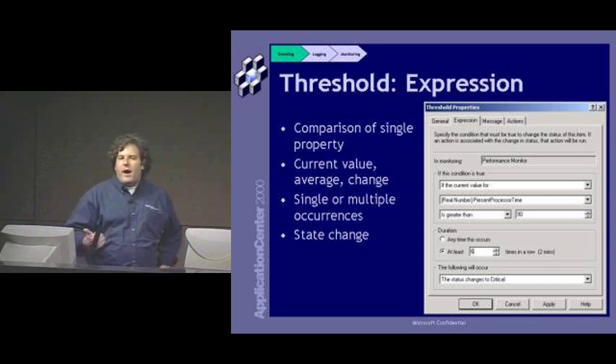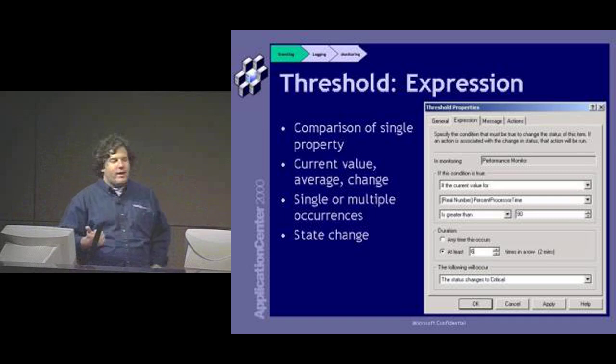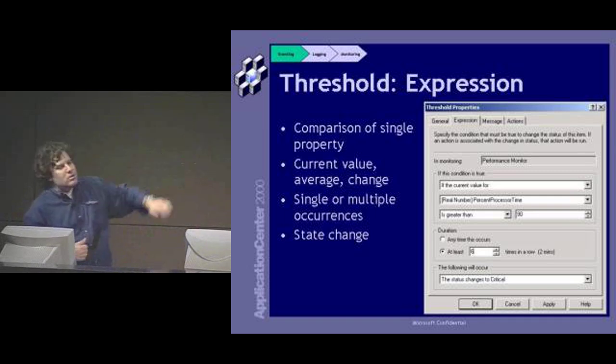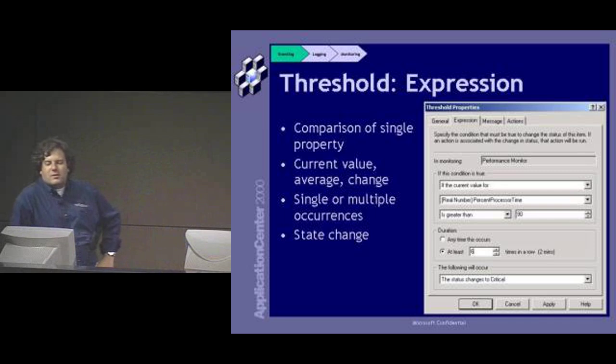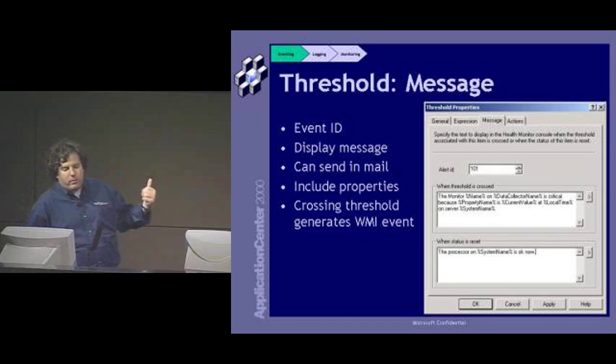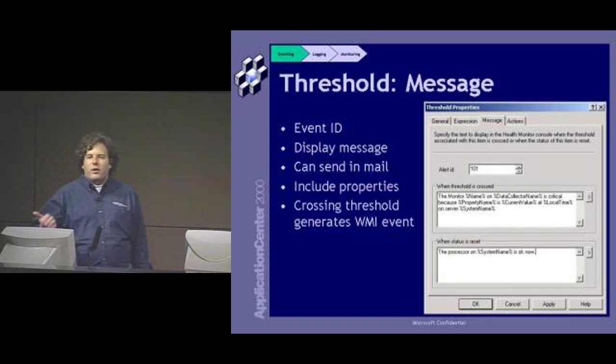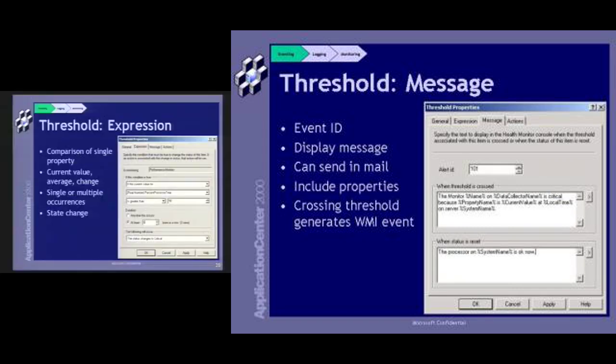This performance counter is being collected every 20 seconds, so 6 times means over 2 minutes. So if my CPU use is greater than 90 for 2 minutes or more, then change to critical.